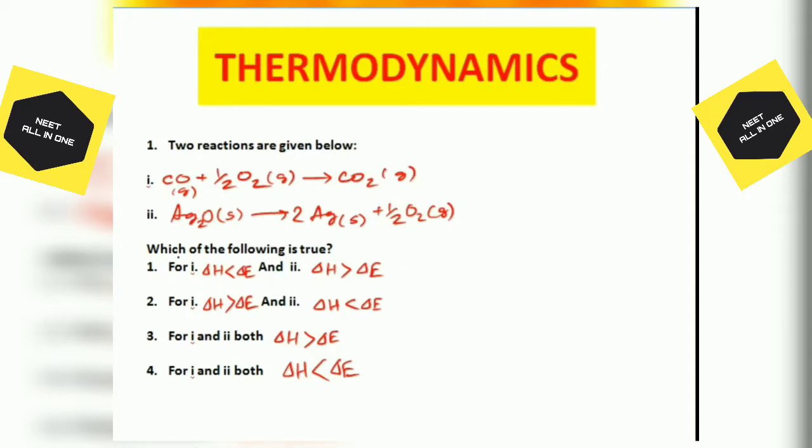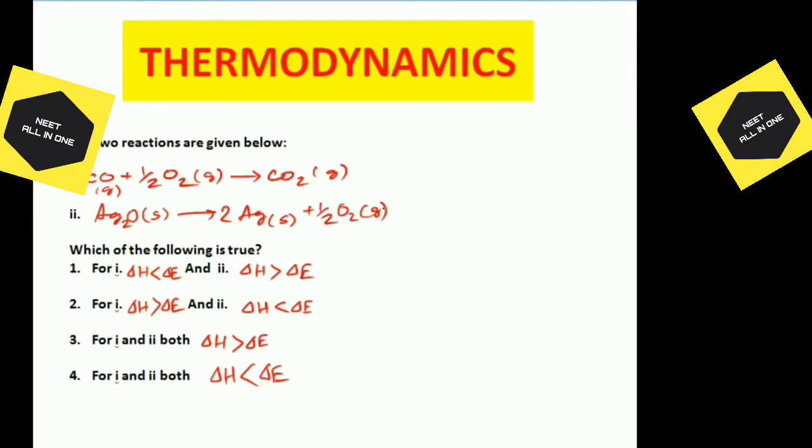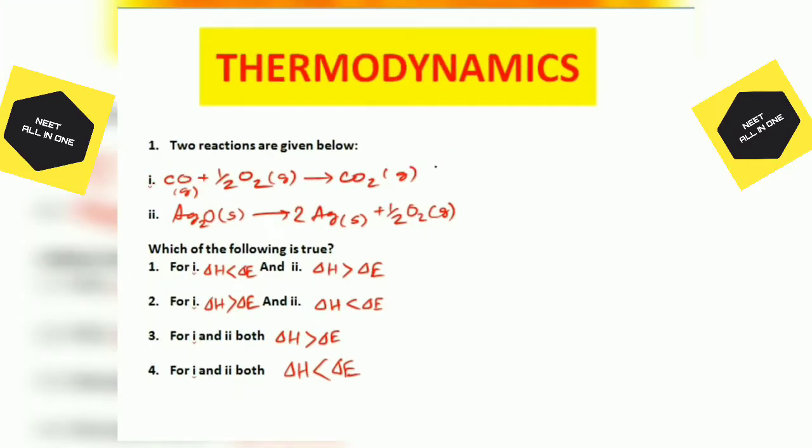They have given us four options and asked which of them is correct. So we have to know its del ng first. Let's see what will be its del ng. Del ng will be moles of product minus moles of reactant, that is 1 minus half minus 1.